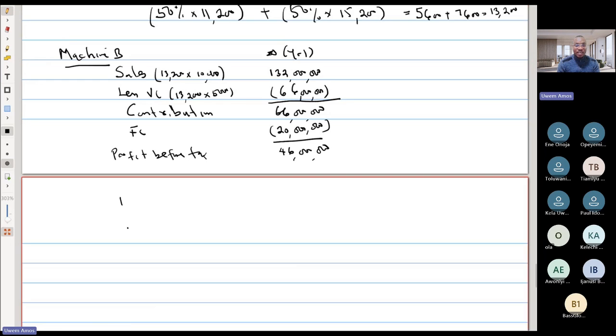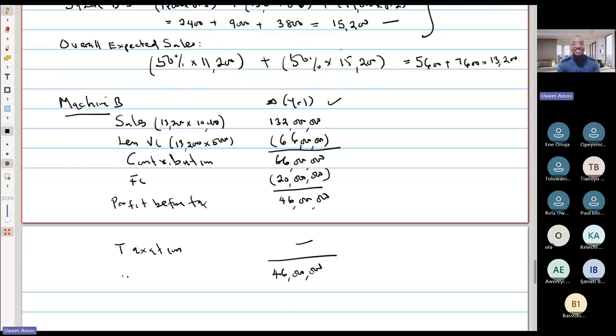There's no taxation, we explained it before, but let me put a placeholder just in case you have tax in your own. If the question says so, you bring in tax there. There's no tax, so we have the same 46 million. And this is for year one.